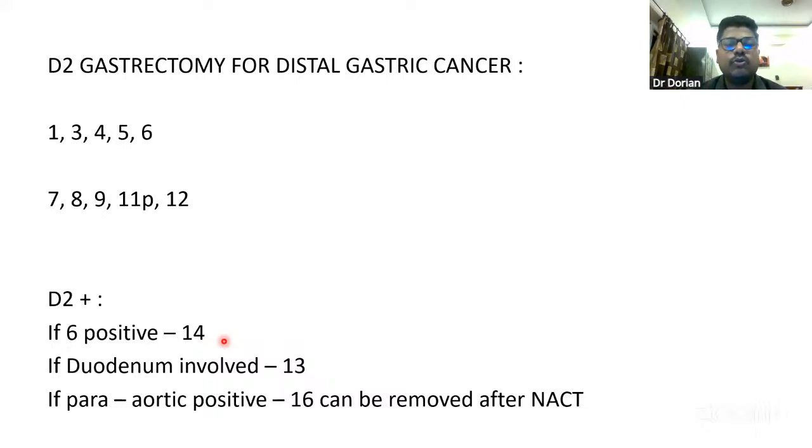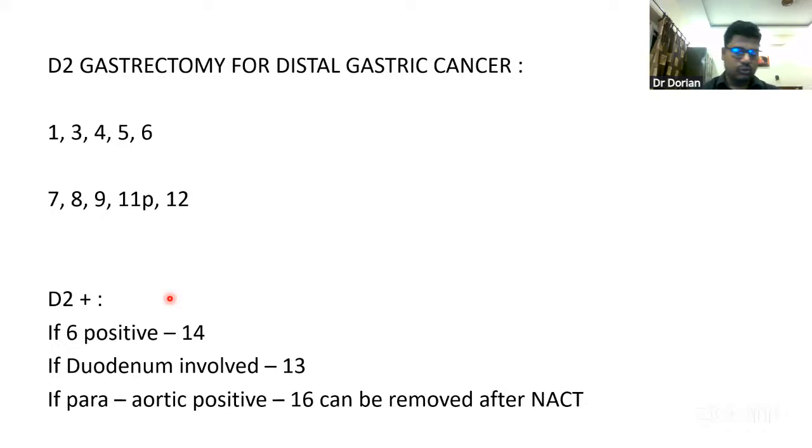If the gastric cancer is extending to the duodenum, you remove station 13 nodes, retropancreatic nodes, also. If para-aortic node is positive, you can give neoadjuvant chemotherapy, and if the patient has a good response, you can remove the para-aortic node also. All these three constitute D2 plus, something in addition to D2 gastrectomy.